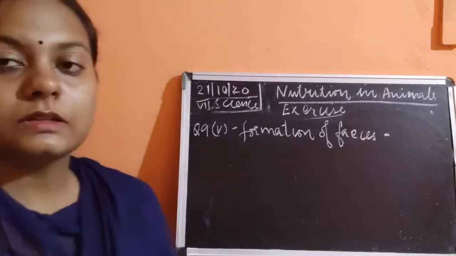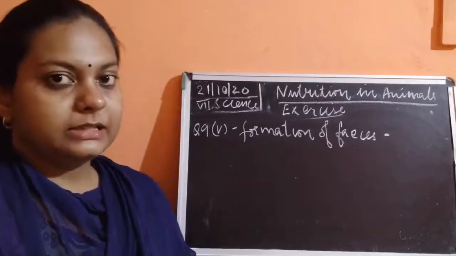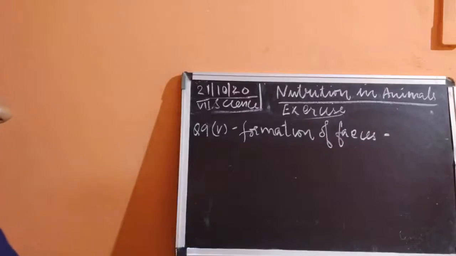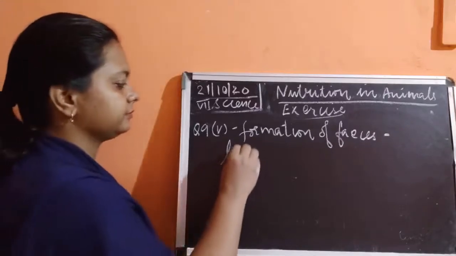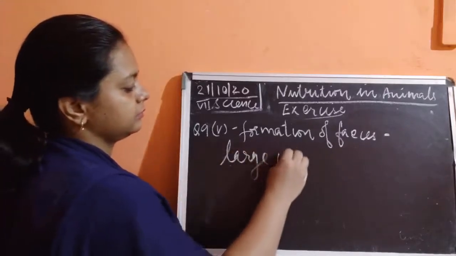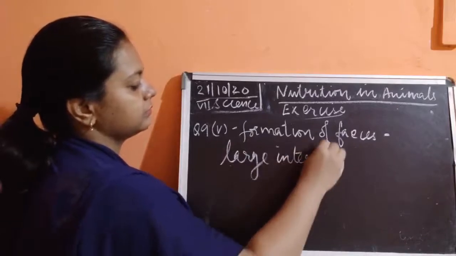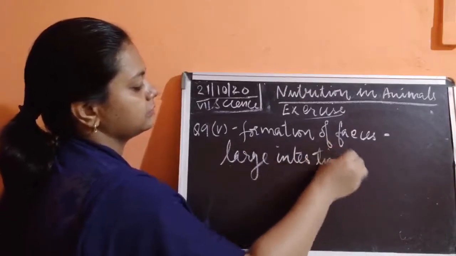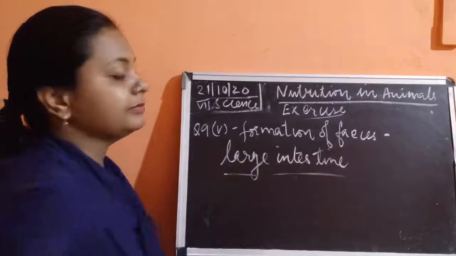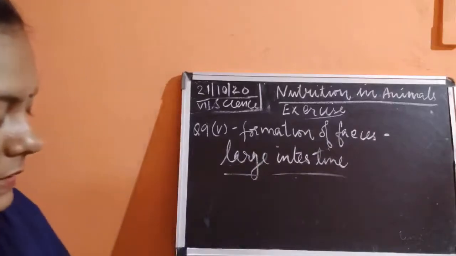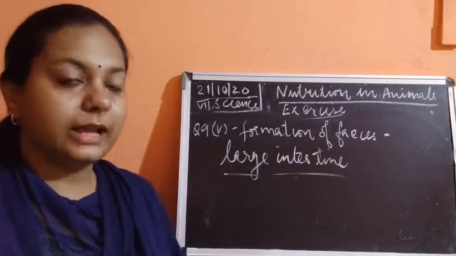Formation of feces takes place in the large intestine, children. Why?